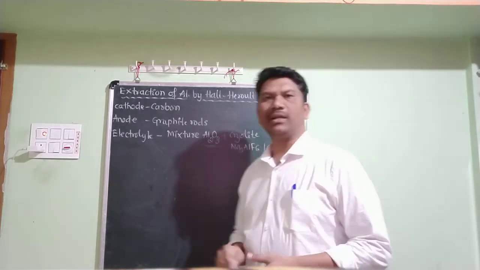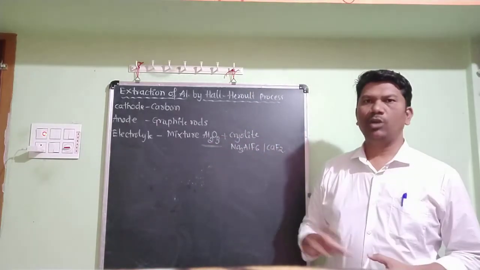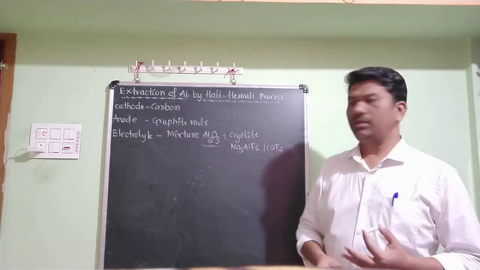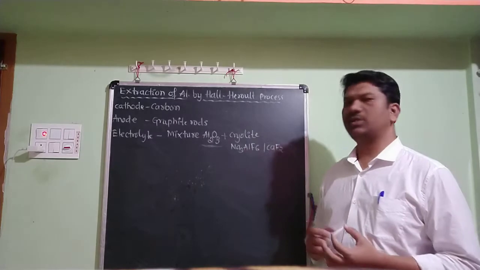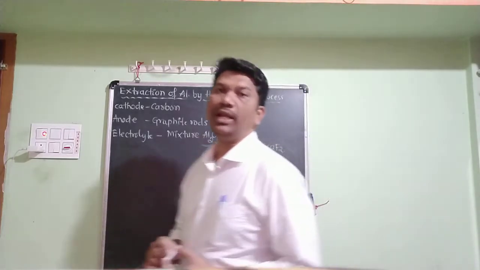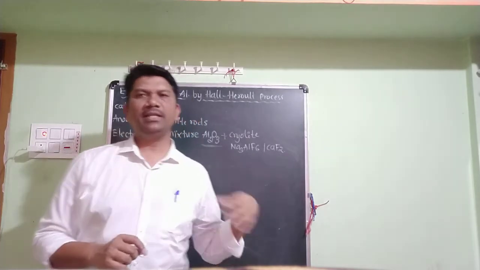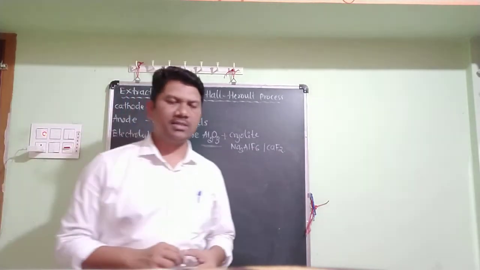Alumina is a bad conductor of electricity. It will not conduct electricity. Therefore, we are using one more substance, cryolite. Along with the alumina, we are using cryolite, that is Na3AlF6, or fluorospar CaF2.